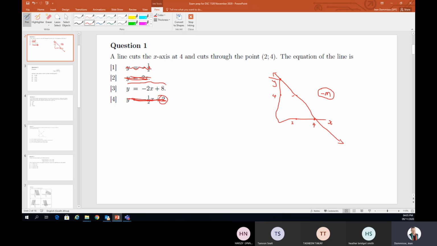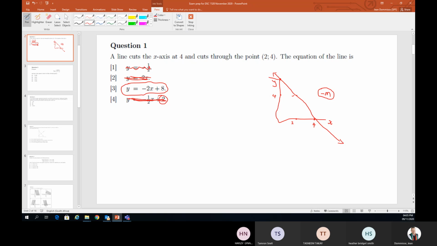So the only real answer was option 3, and we haven't even calculated anything. Just by eliminating the ones here, I could get to the right answer.